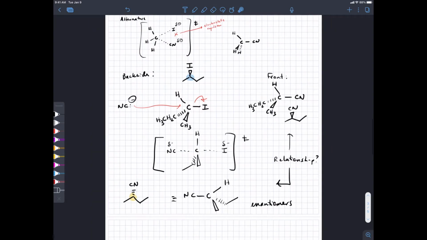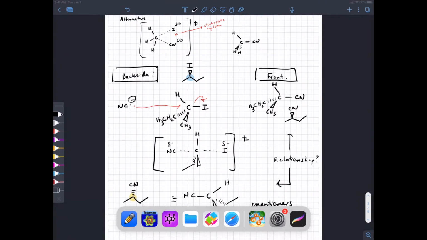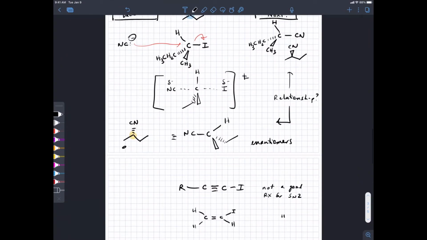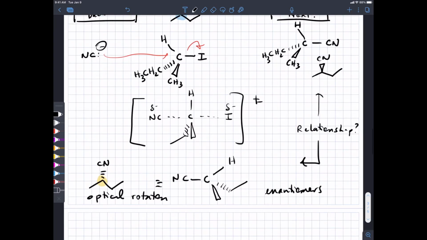Okay, so if the front side and the back side attack compounds would give enantiomers, now propose an experiment. Once the reaction's done, how do you tell which enantiomer formed? You could do the experiment with a polarimeter. Yeah. And see if it's rotating light.